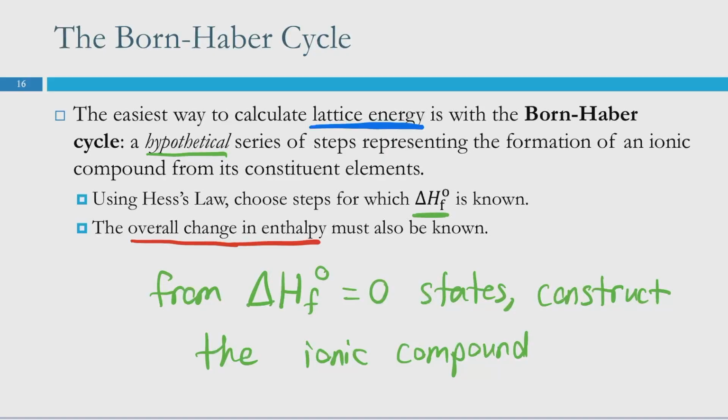That's what we're looking for here. And we're going to compare our Hess's law product, our standard enthalpy of formation from Hess's law with these things, and our overall change in enthalpy. The difference will be the lattice energy.